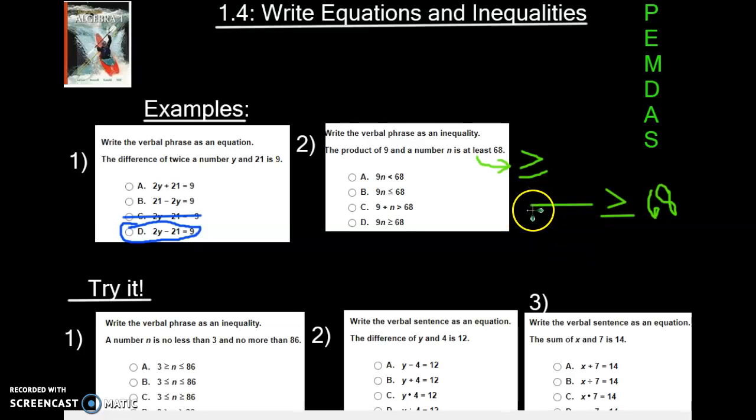This blank would be filled in with the product of 9 and the number n. So they're saying 9 times n is greater than or equal to 68. So right here would be a 9 times n is greater than or equal to 68, thus the option B.